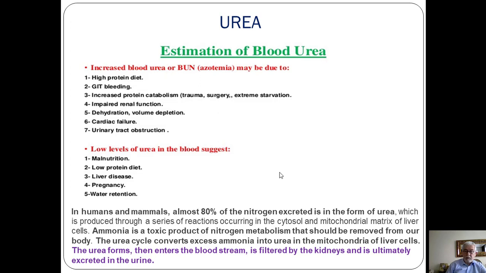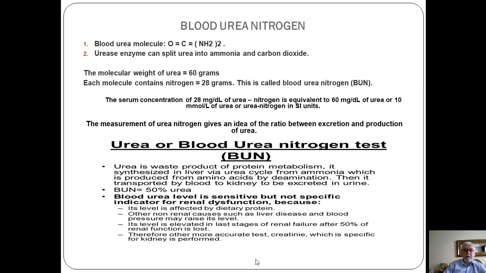As we know very well, filtered urea can be reabsorbed by the tubules back to blood. When you look at blood urea nitrogen, you know that this urea molecule consists of oxygen, carbon, and 2 nitrogen molecules.